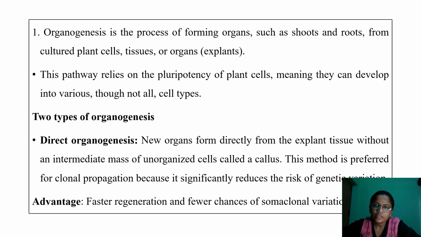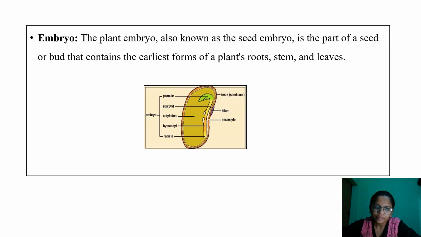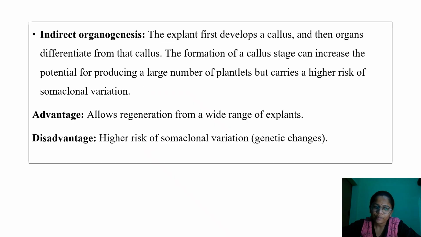Here we can expect more regeneration, and it also produces less somaclonal variation. Then we'll see embryogenesis, the embryo being a seed part of the plant, which also helps in production of root and shoot.